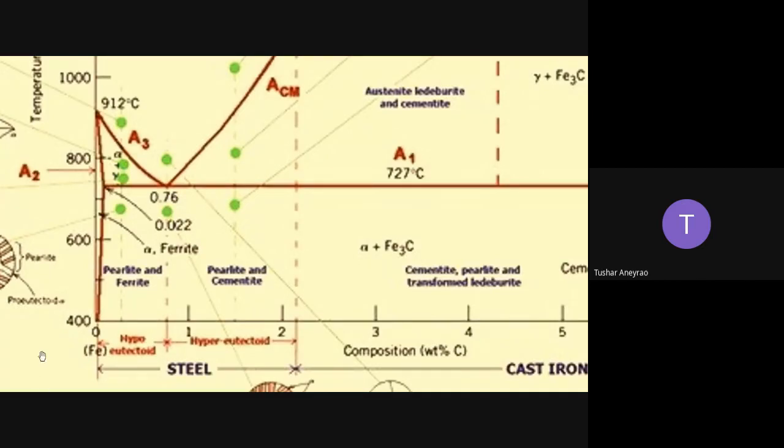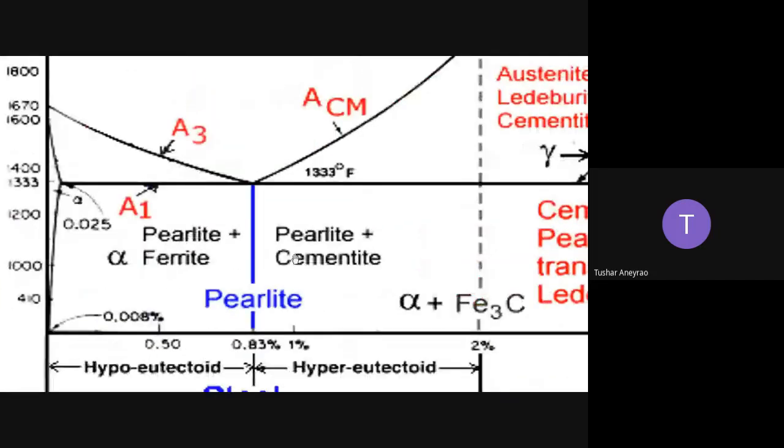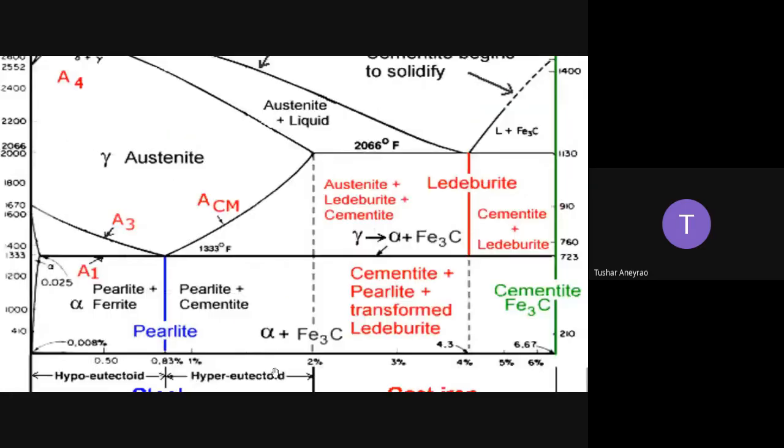Okay, the eutectoid point at 726 degrees centigrade and 0.76 or 0.83 percent carbon. Depending upon the books, the diagrams change.